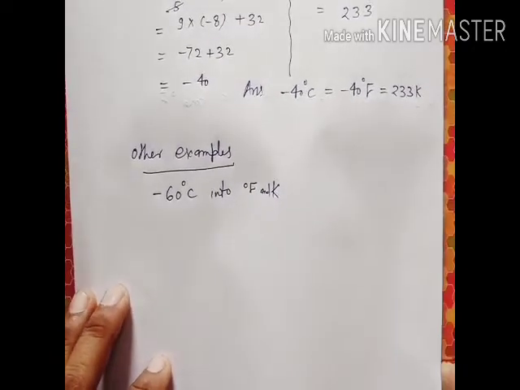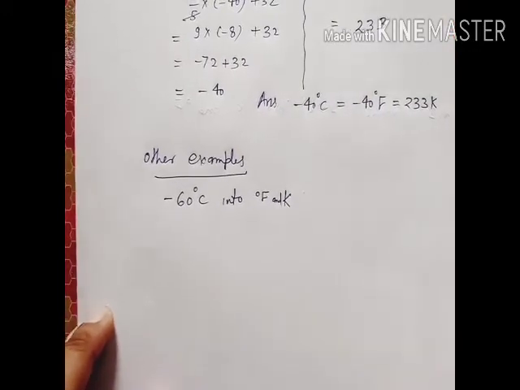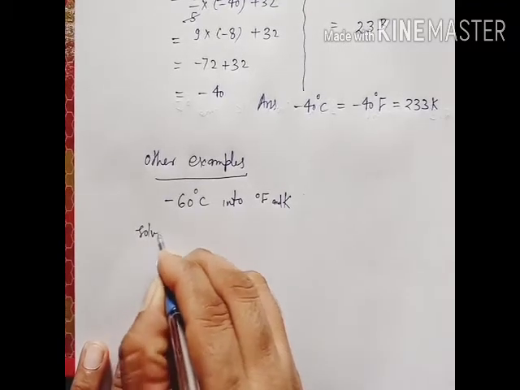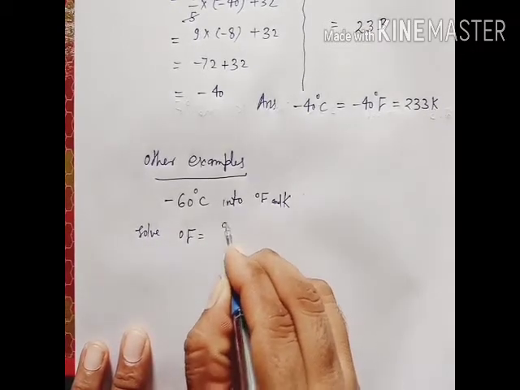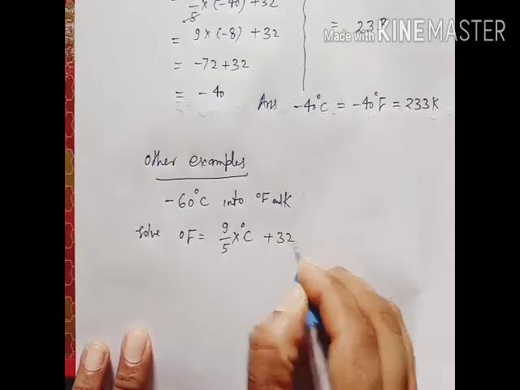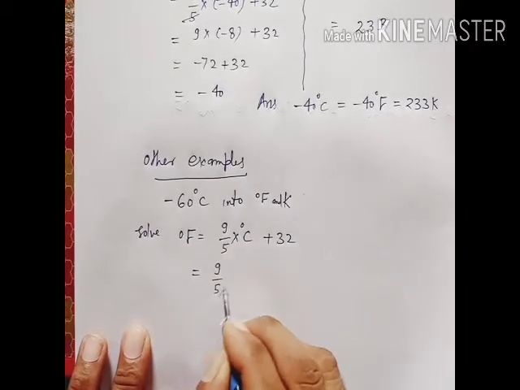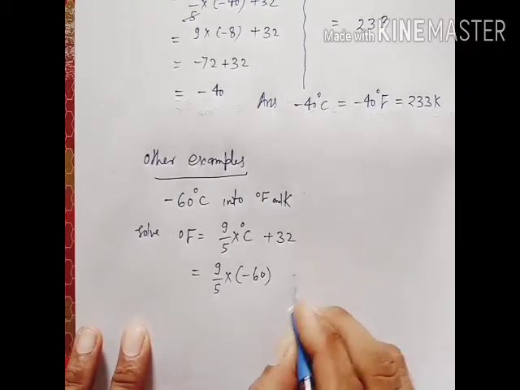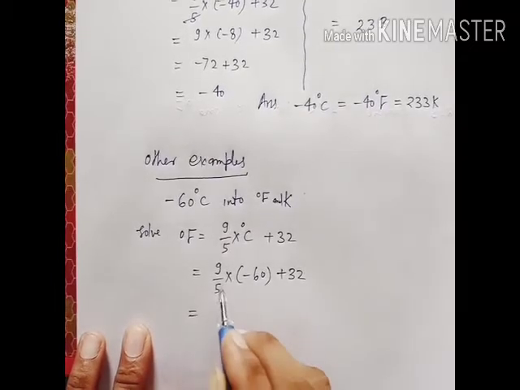First we have to put the formula, degree F is equal to 9/5 into degree C plus 32. We have to put the value of degree C, that is minus 60, plus 32.